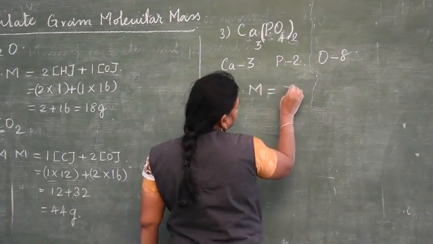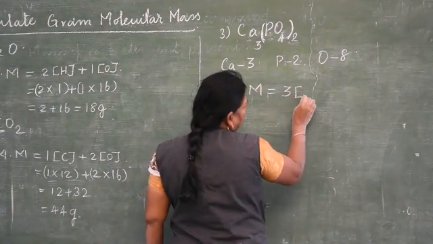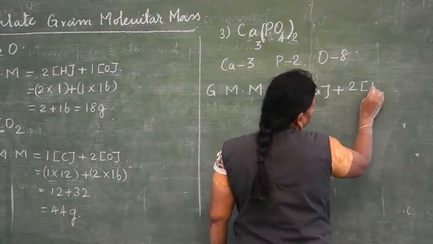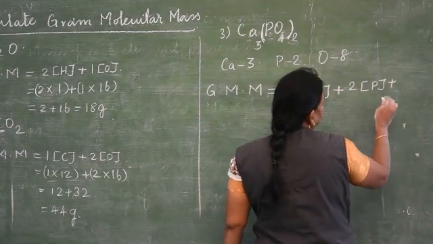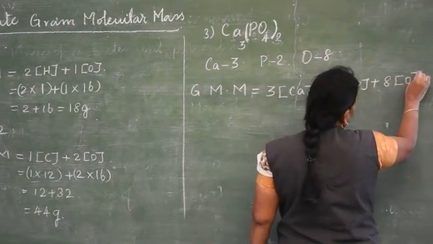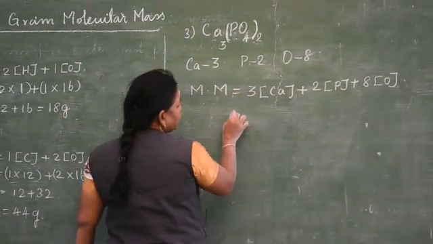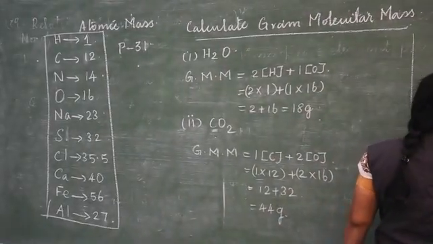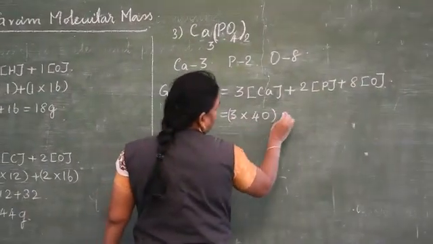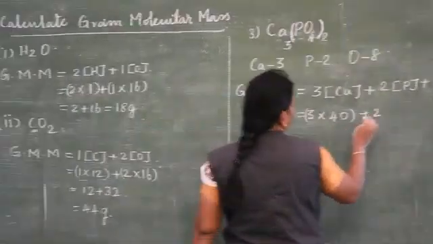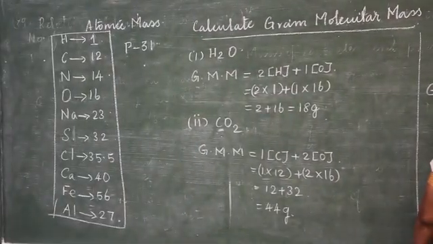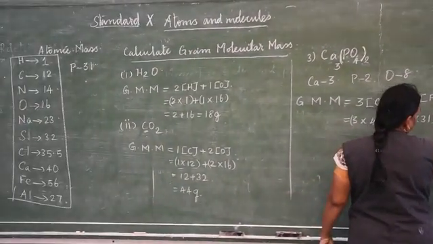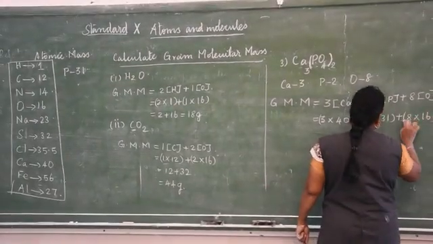How many calcium atoms? 3 calcium atoms, plus phosphorus how many? 2 phosphorus atoms, plus oxygen how many? 8 oxygen atoms. What is the mass of calcium? 40. Therefore 3 into 40. And then what is the mass of phosphorus? 31. Therefore 2 into 31, plus what is the mass of oxygen? 16. Therefore 8 into 16.